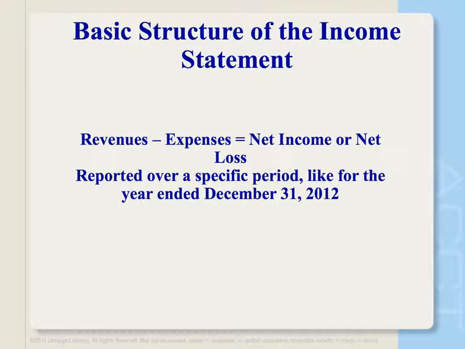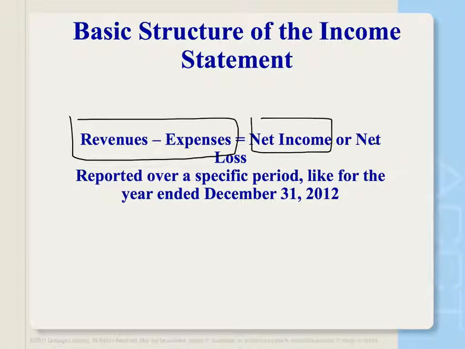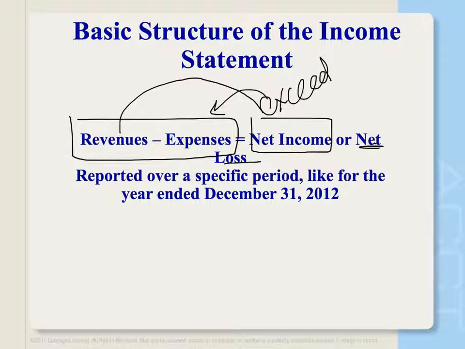So the basic structure of the income statement is revenues minus expenses equals net income or a net loss. Therefore, if revenues exceed expenses, then you end up with net income.